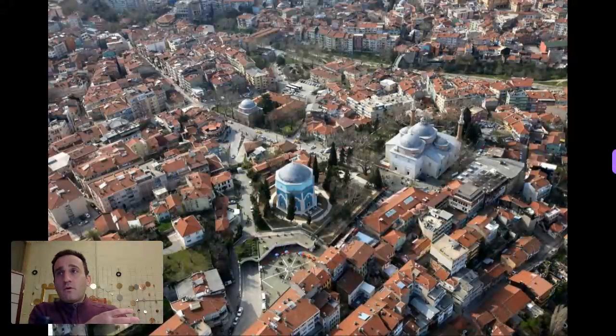It was for royalty to occupy and look over their subjects, for lack of a better term, as they are worshiping and praying. That's unique in terms of the work that we're going to look at today, but it's also not a common thing that we see in mosque architecture, in Islamic architecture.